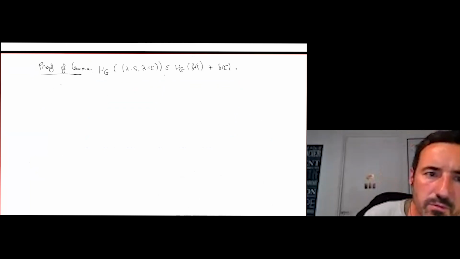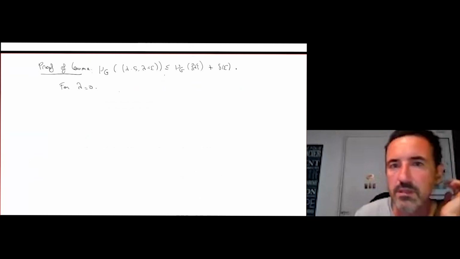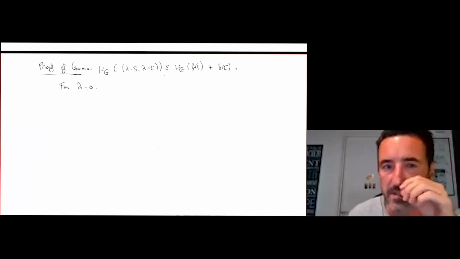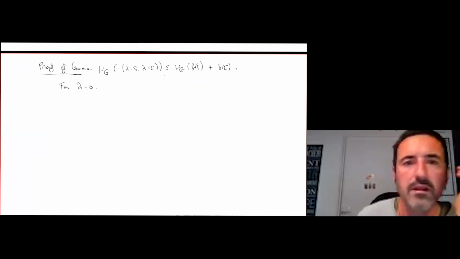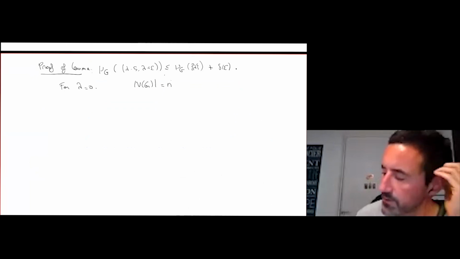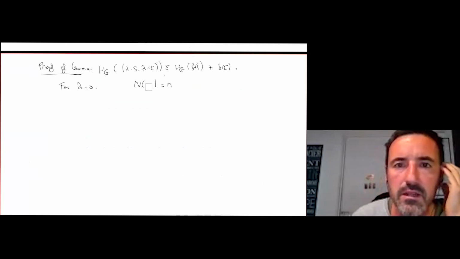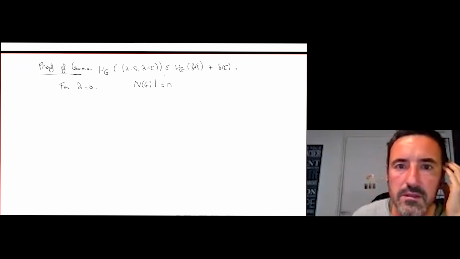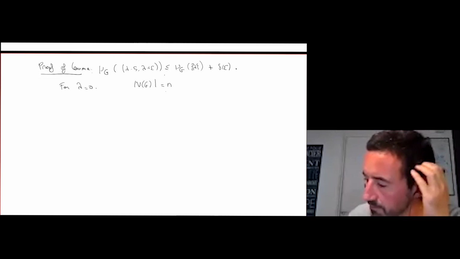I will give you the proof for lambda equal to 0 because this is where it is simpler, but it extends to any real lambda. You can look in the notes. This is exactly the same proof. Consider a graph with size n.